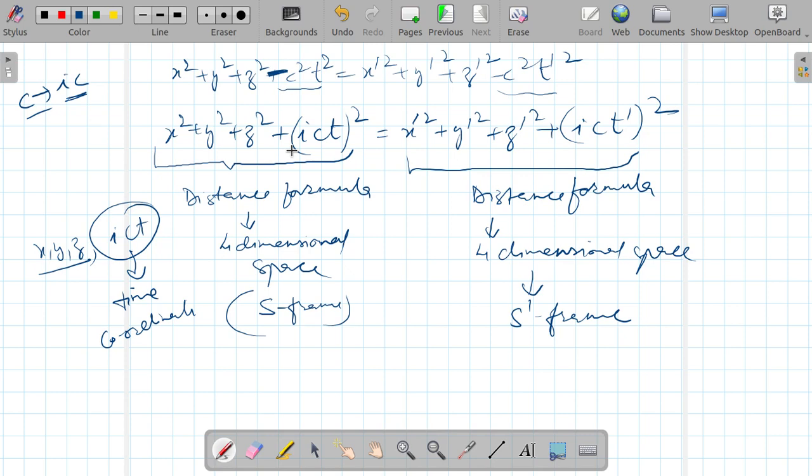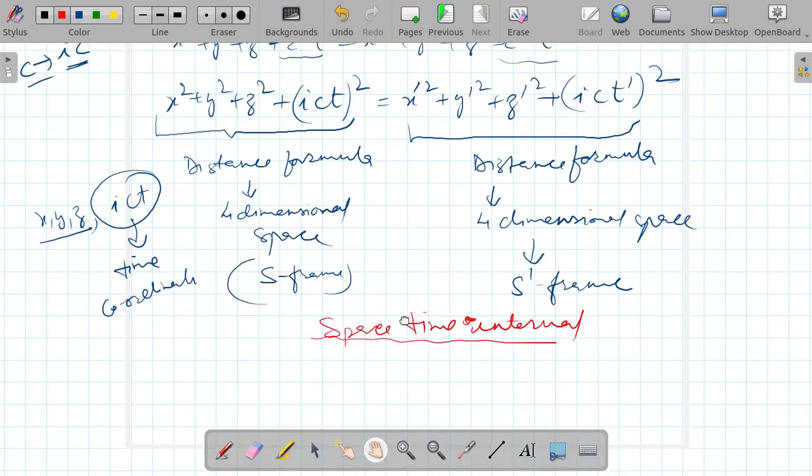So it is basically known as the space-time interval. So we call it the space-time interval. Right? But things are happening from the origin.